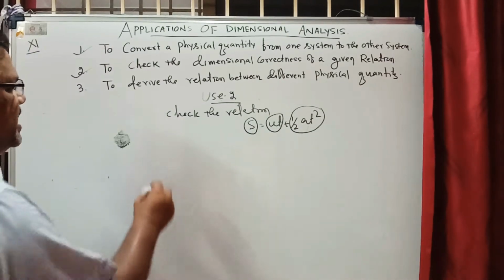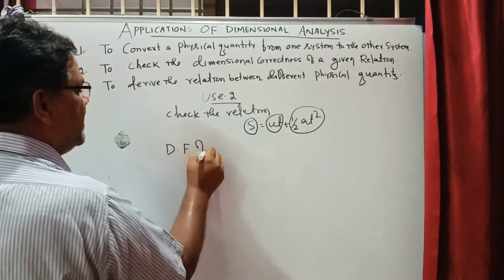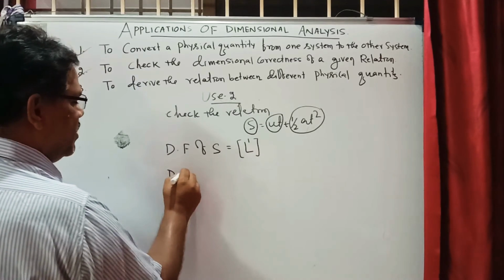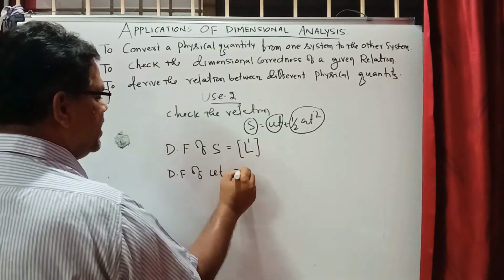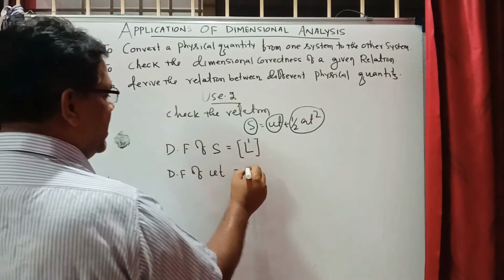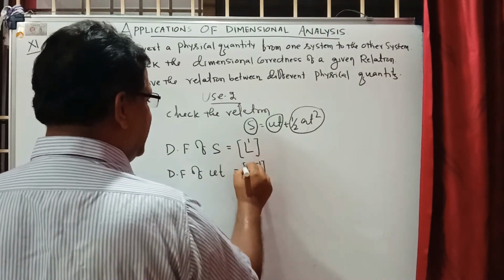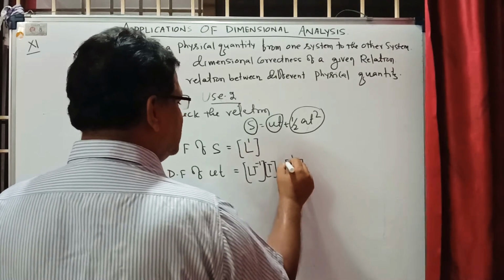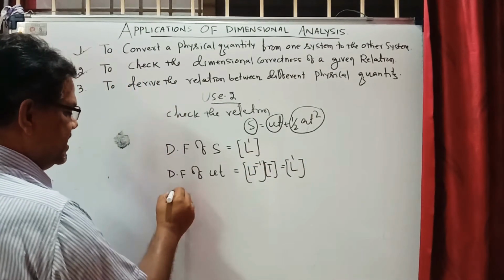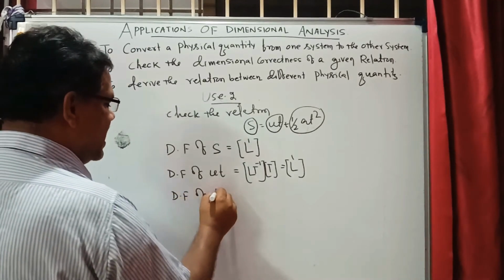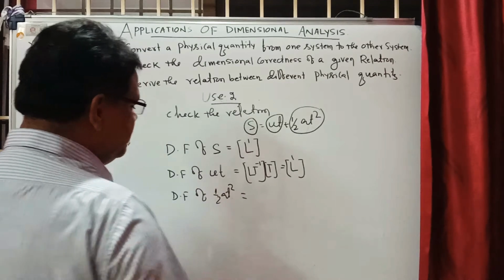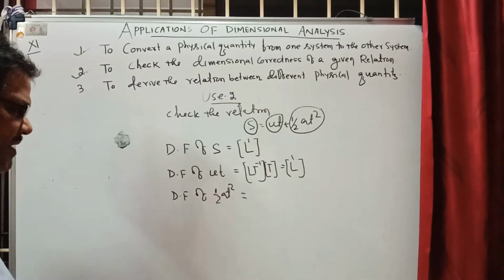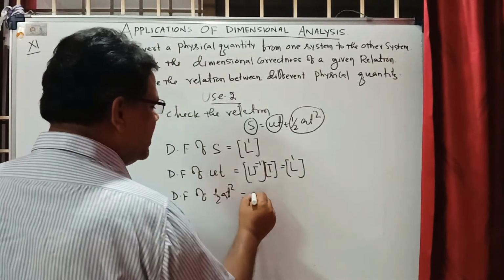Accordingly, take the dimensional formula. The dimensional formula of S is L1. The dimensional formula of UT: U is the initial speed, LT minus 1, and T is T, so this equals L1, because T minus 1 and T plus 1 cancel. Next, the dimensional formula of half AT square: half is a dimensionless constant, so in place of half you can write M0, L0, T0.